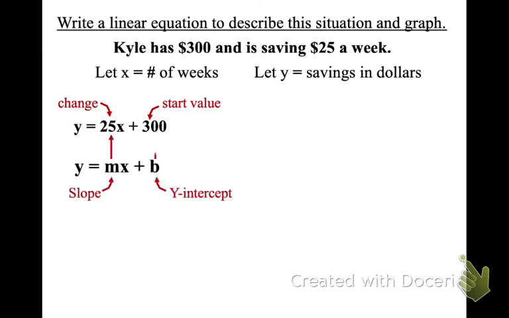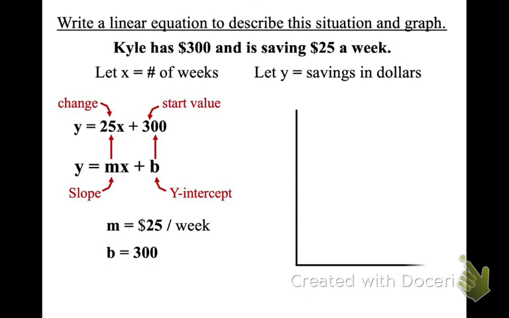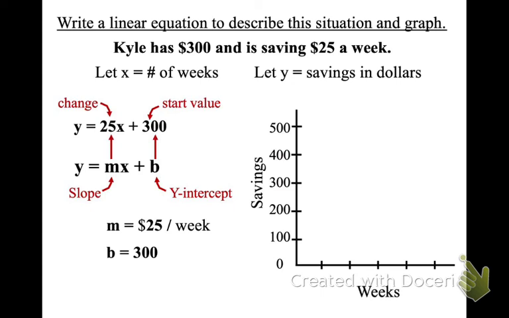So it would be 25 over 1. So if I made a graph, we've got hundreds of dollars, and we've got weeks. Okay, we could start at the y-intercept, and then you'll notice we can go 25 per week. So at 1 week, it might be right here.